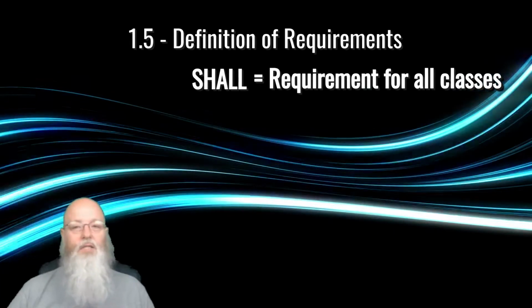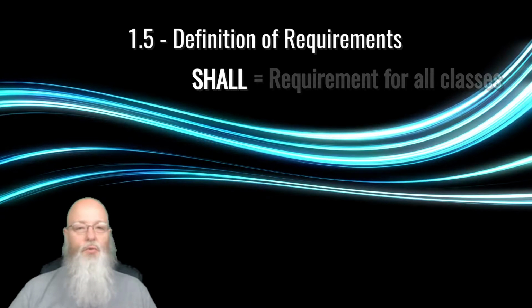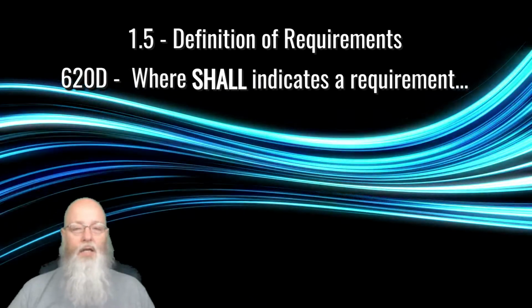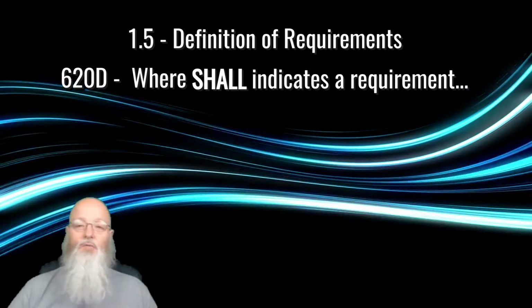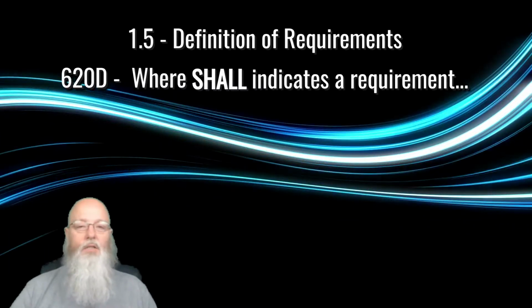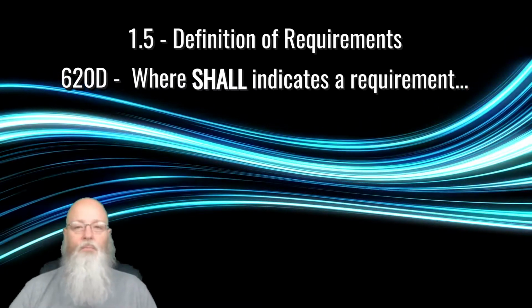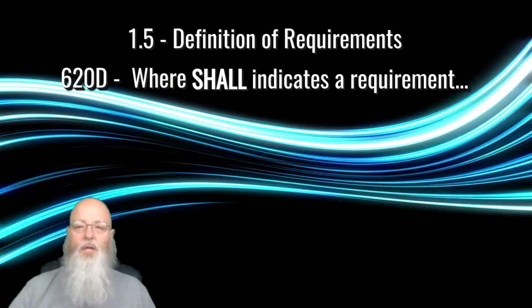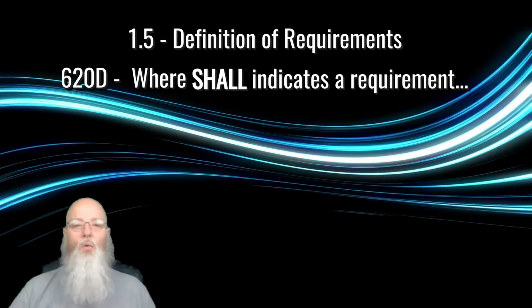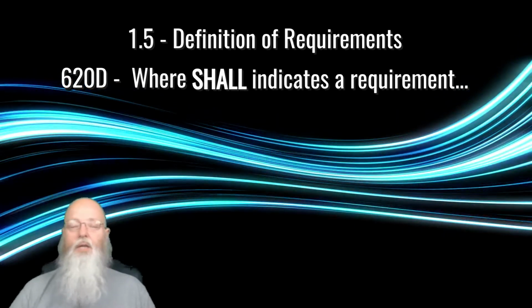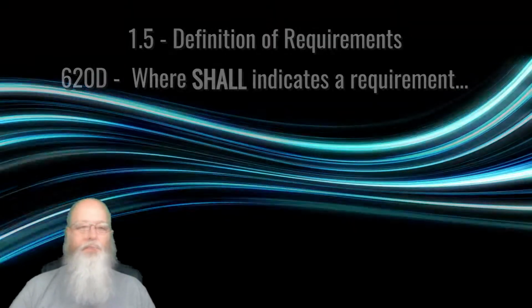Revision D clarifies this by changing the statement to read, where the word shall indicates a requirement for at least one class, the requirements for each class are in brackets next to the shall requirement. This is a better reading of the explanation for the use of the bolded words shall and brackets, or bolded words shall not and the following brackets.